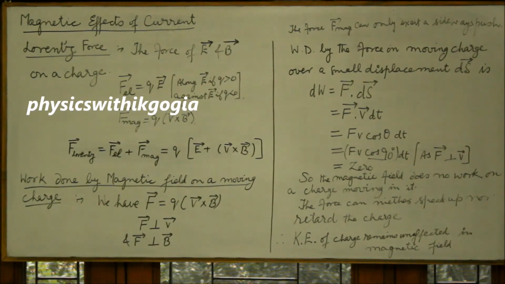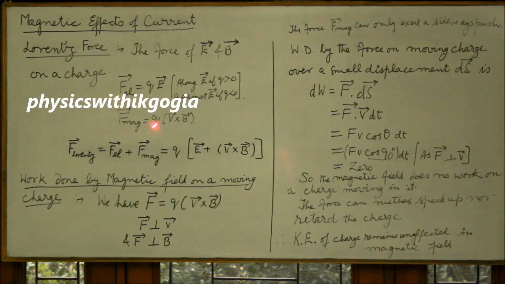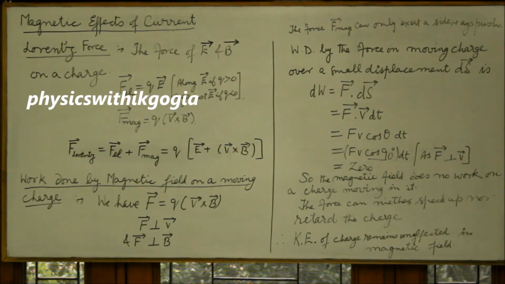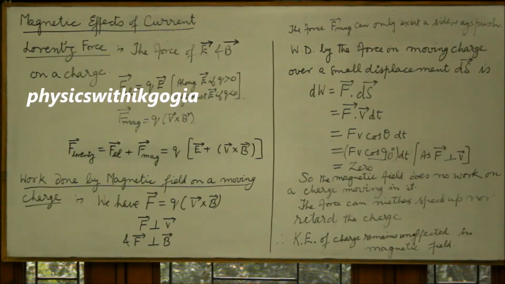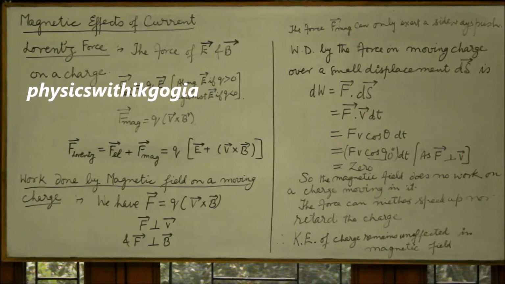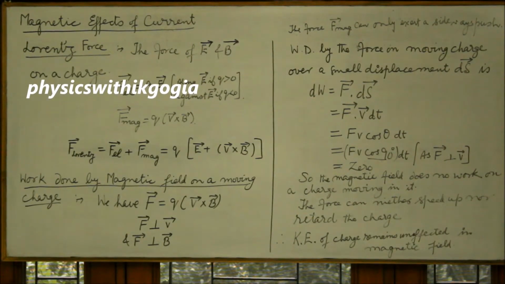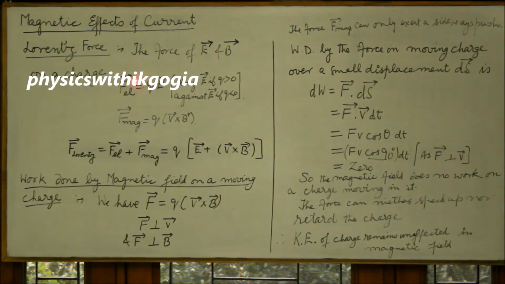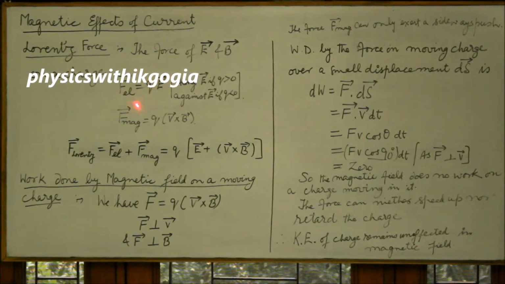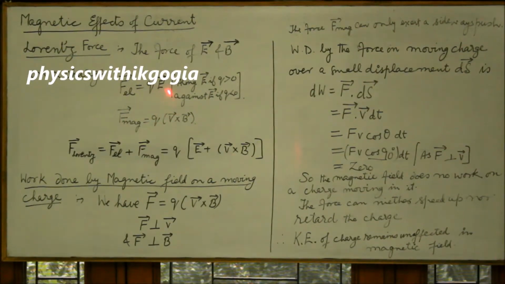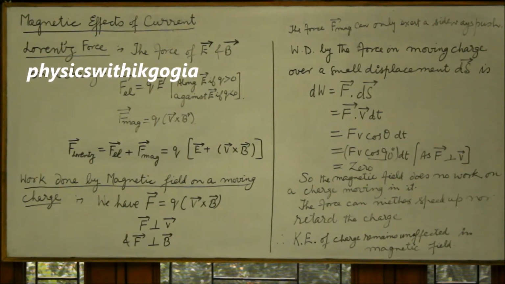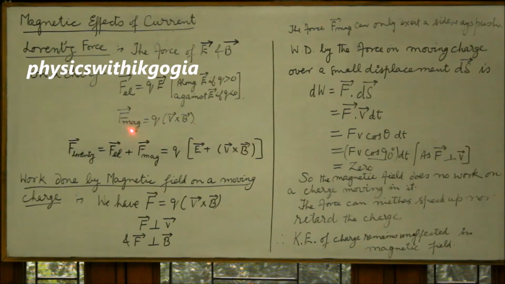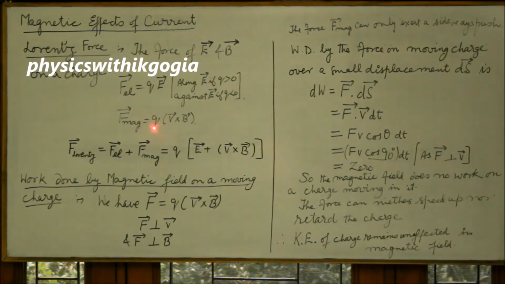The other component of Lorentz force is the magnetic force, the force experienced by a charge as it moves in the magnetic field, and is given by Q into V cross B. Remember, the electric field can exert force on stationary as well as moving charge, whereas magnetic field can exert force only on a moving charge.